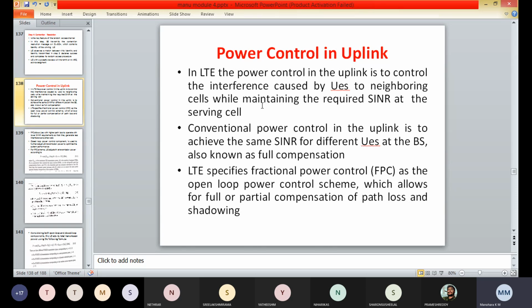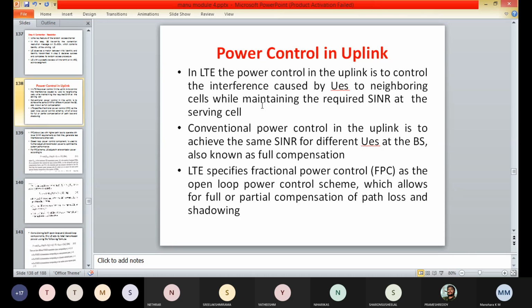So here in the uplink power control, it will specify the fractional power control, FPC, as the power control scheme.